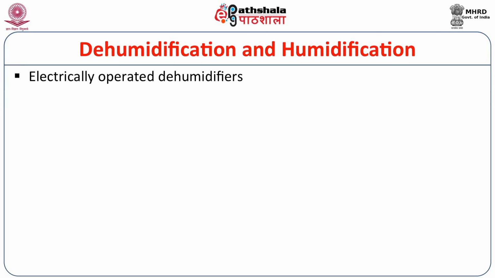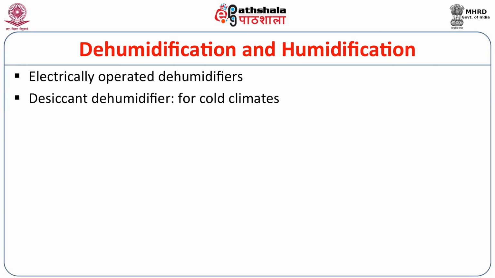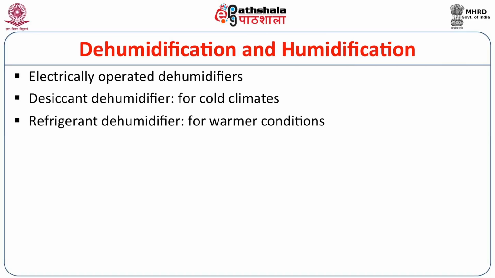To control relative humidity, we should do dehumidification or humidification. For dehumidification, we can use electrically operated dehumidifiers. Desiccant dehumidifiers are used for cold climates, whereas refrigerant dehumidifiers are used for warmer conditions.